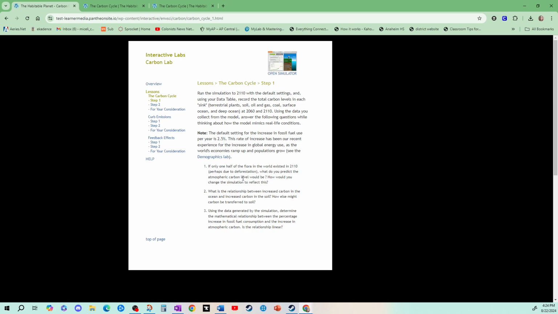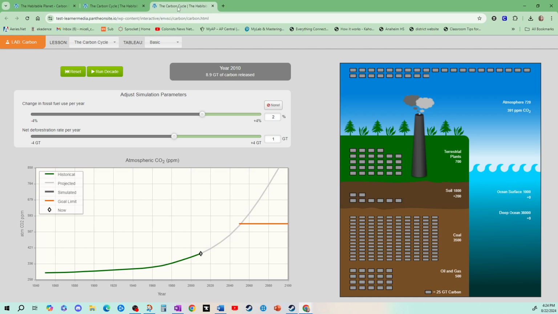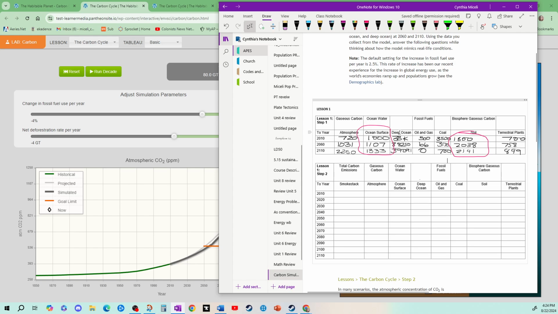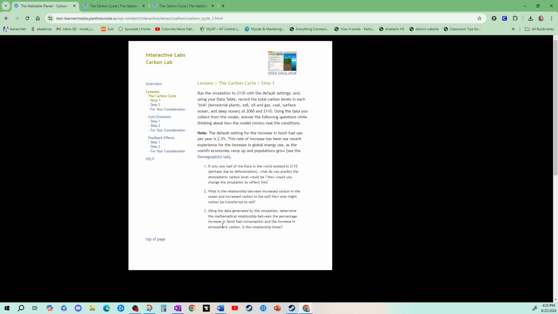And so the question here is saying, how else might carbon get to the soil? So think of the carbon cycle, and how else could carbon go from ocean to soil? What else might happen?